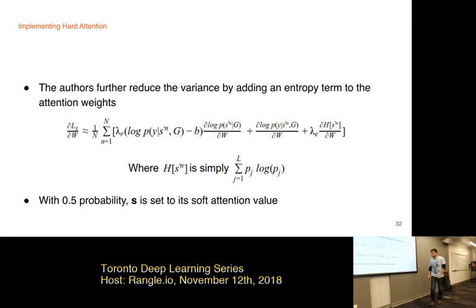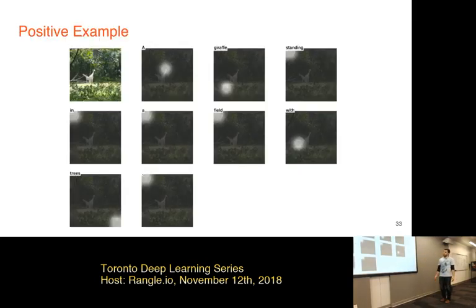So they do end up using part of the soft attention in order to estimate the hard attention policies, so to speak. Just to look at a positive example, it doesn't even look at the giraffe standing. There is no beta here, so that's why there are no values.